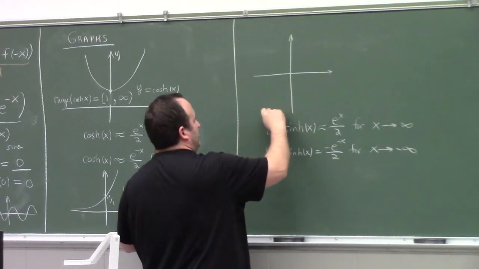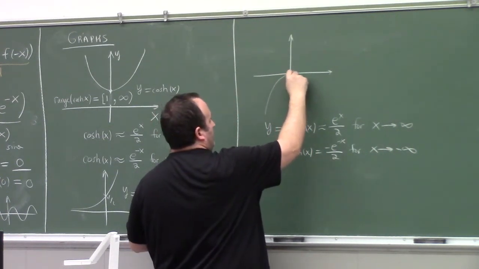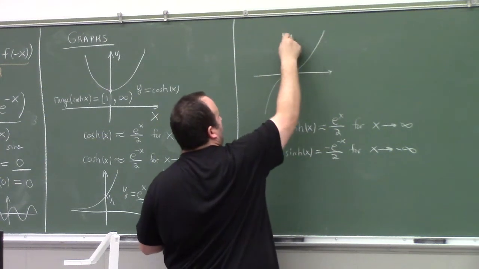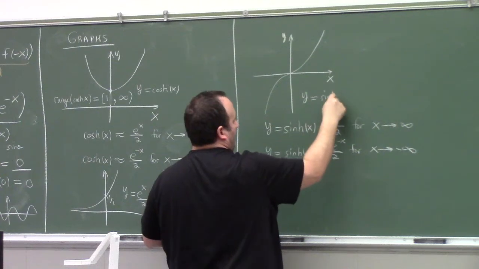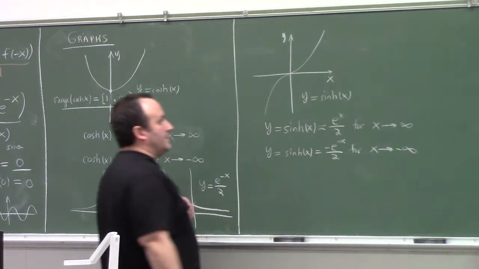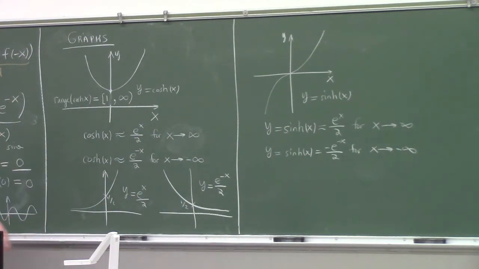And so what that does is something like this. So what's the range of sinh? Well, the range of sinh is all real numbers, right? The range of cosh is just 1 to infinity. All right.